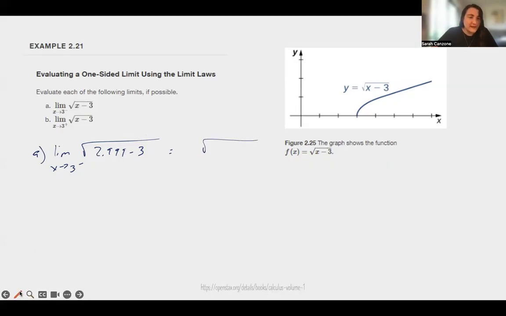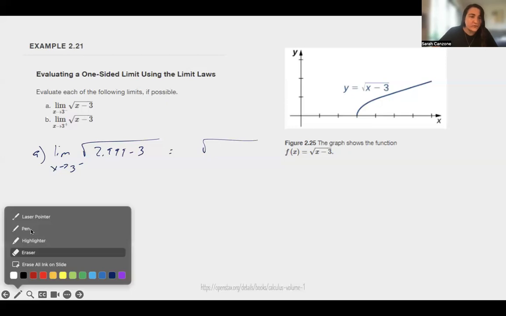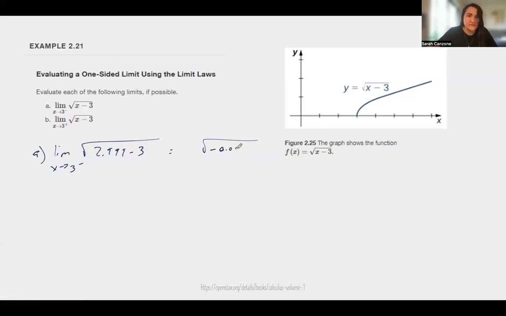When you do 2.999 minus 3, you get minus 0.001, but we can't have a minus inside of a square root. No matter how close you get from the left, you can have 100 nines, you'll have 100 zeros and then a 1, you'll still have a minus. You can't take a negative square root unless you want an imaginary number, which we don't.